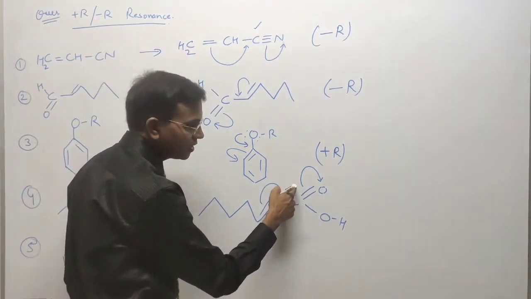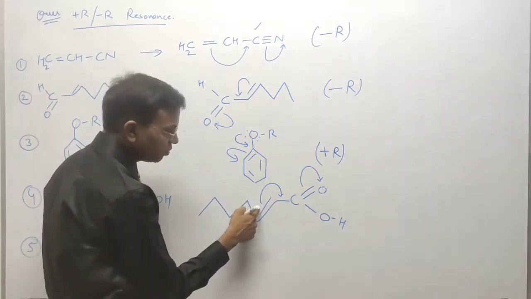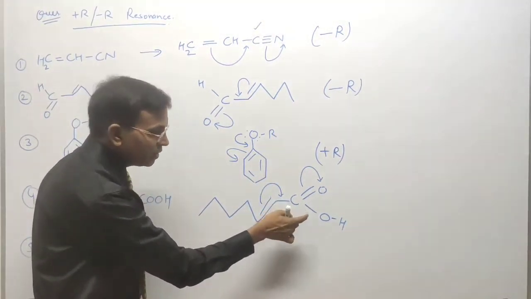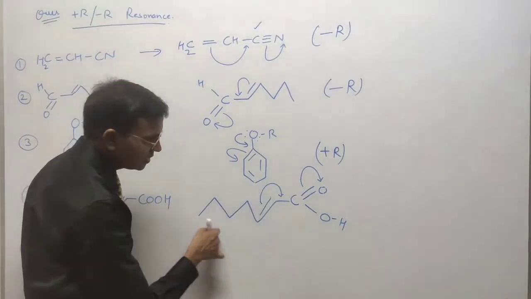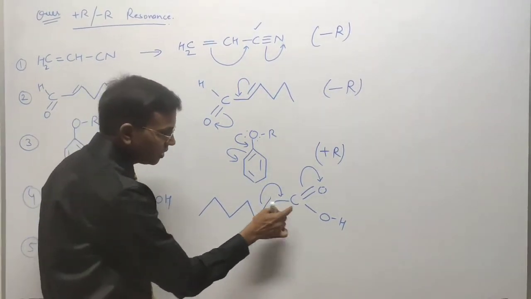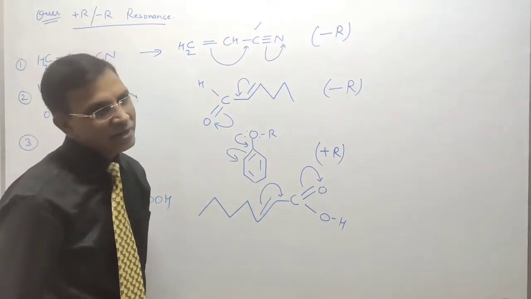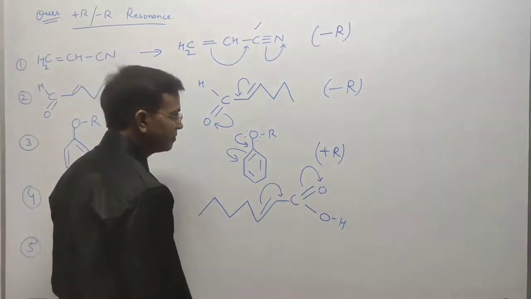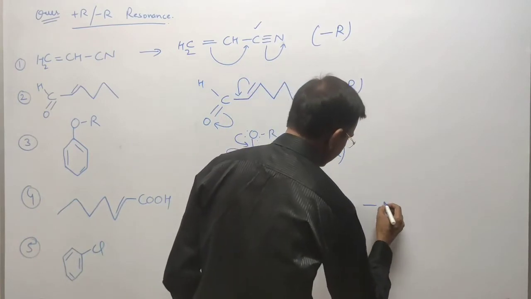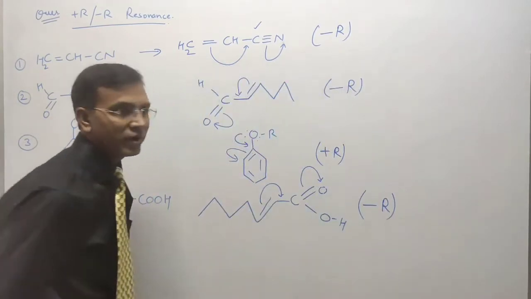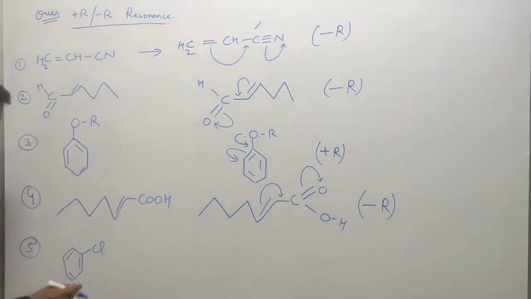It attracts the pi electrons and these conjugation pi electrons move towards the atom attached. Atom attached is carbon. This is the species given, this is the atom attached. So here the pi electrons are moving towards the atom attached, and that's why it is minus R type. Right? Now come to the next.